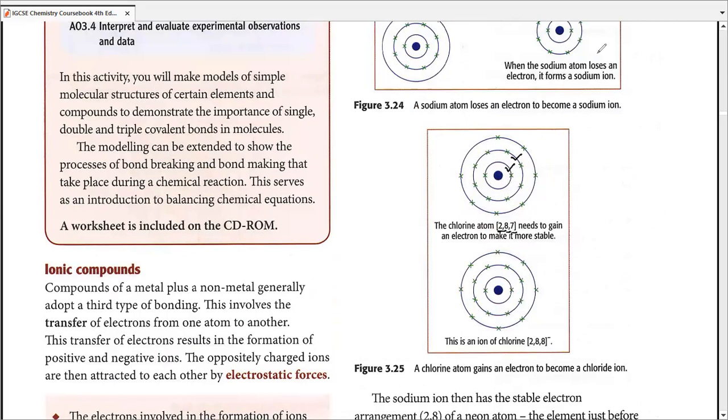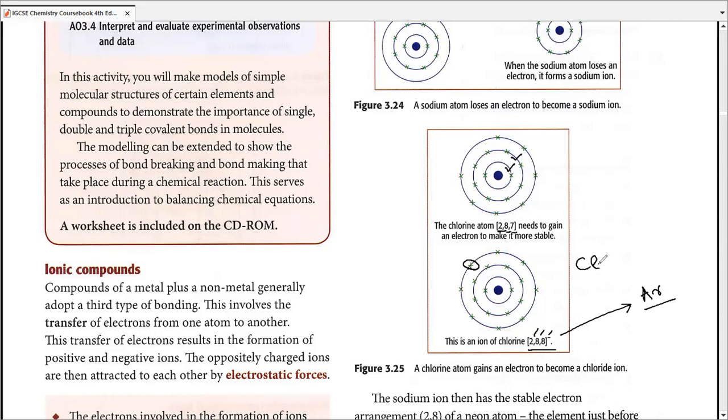Now, as soon as sodium loses an electron, that electron would be gained by chlorine, and it would then become a chloride ion, the configuration of which would be 2,8,8. If you look at this configuration of 2,8,8, you will find it similar to argon, Ar, the nearest noble gas.